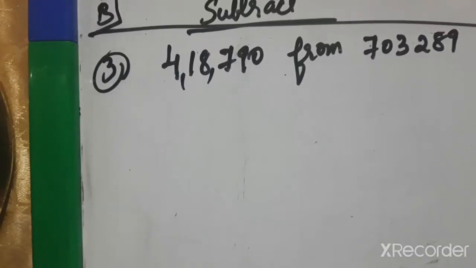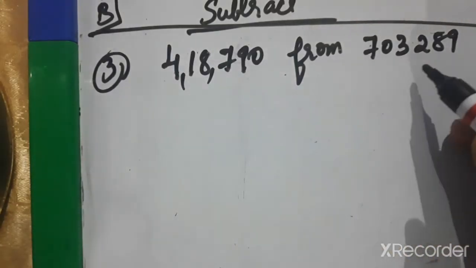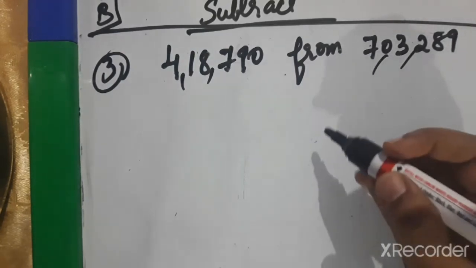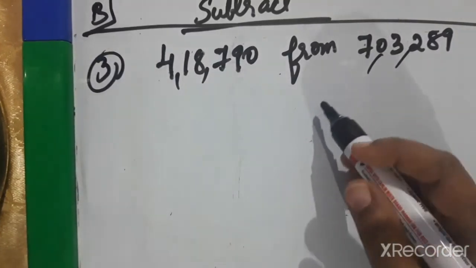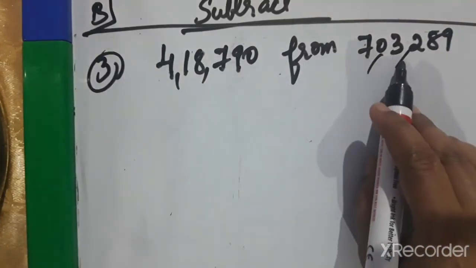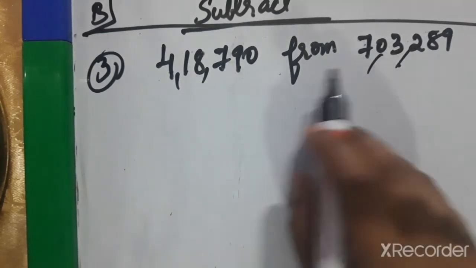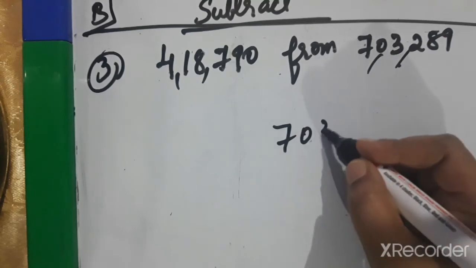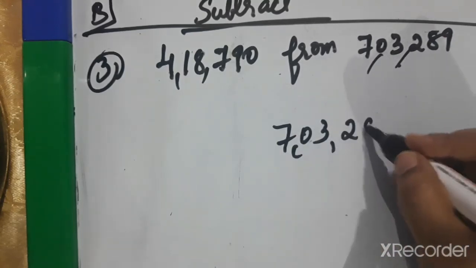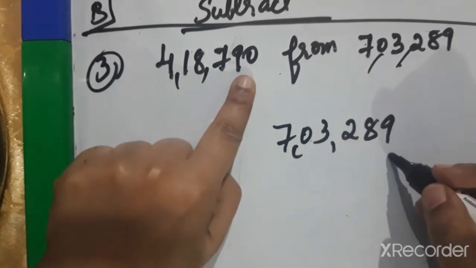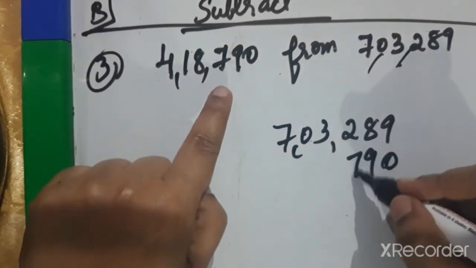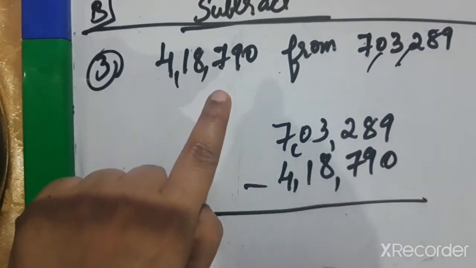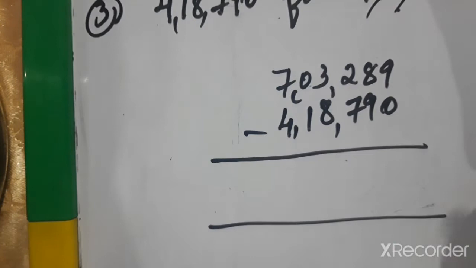Now third question, 4,18,790 from 7,03,289. So write the numbers first. After "from", whichever number is there, that we have to write first. Both are in lakhs, and which is the bigger one? 7 lakhs. So 7,03,289 minus 4,18,790.